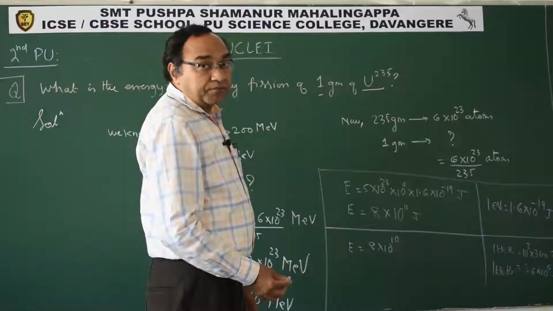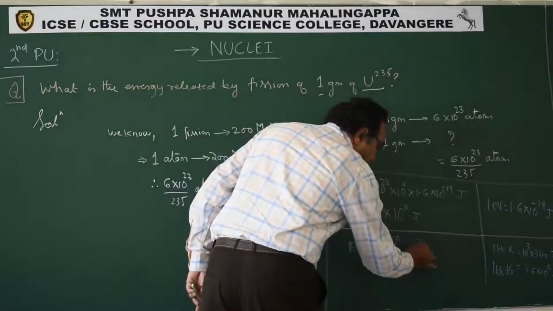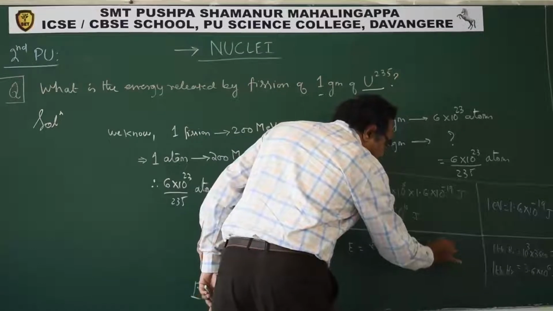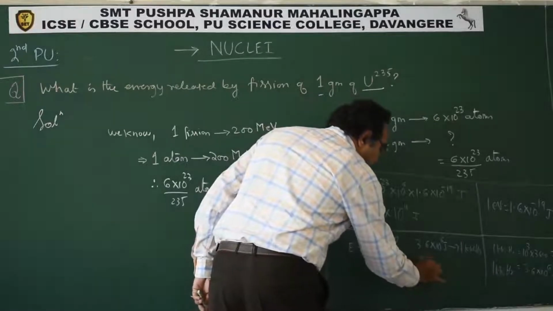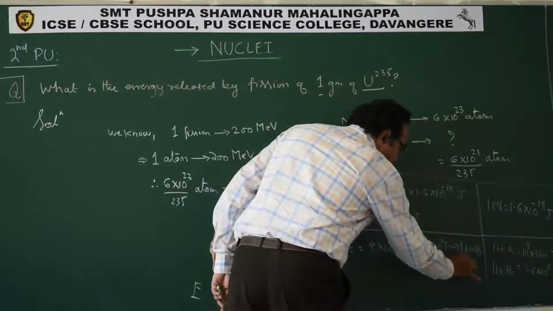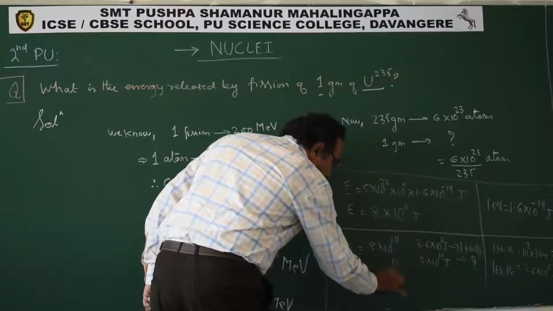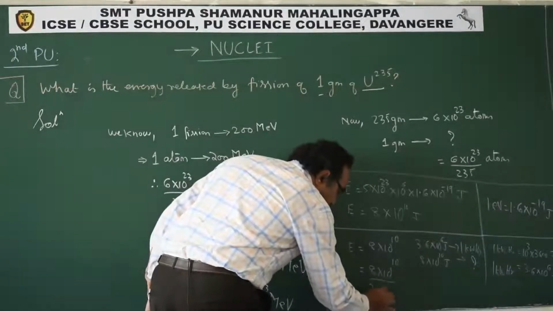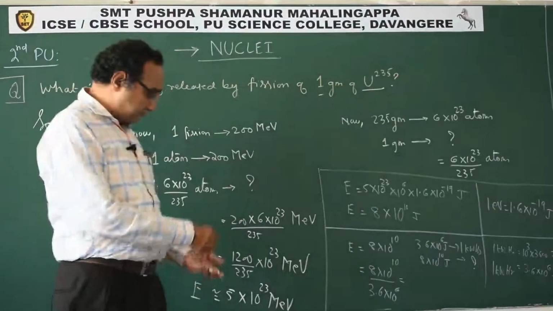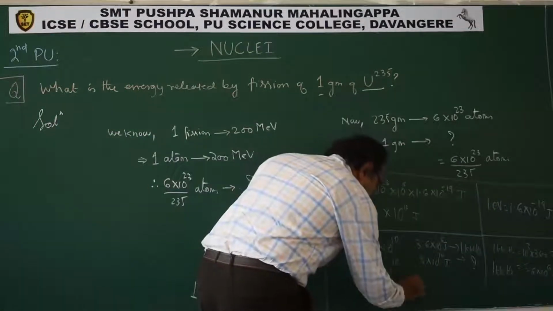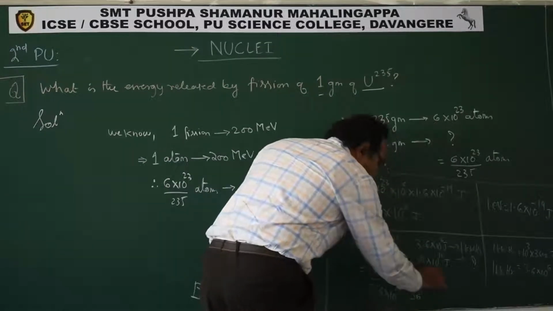If I want this in kilowatt hour, 3.6 into 10 power 6 joule is 1 kilowatt hour. So 8 into 10 power 10 joule will make how many? That is 8 into 10 power 10 upon 3.6 into 10 power 6. If you simplify this, you will get 8 upon 36 into 10 power 4.